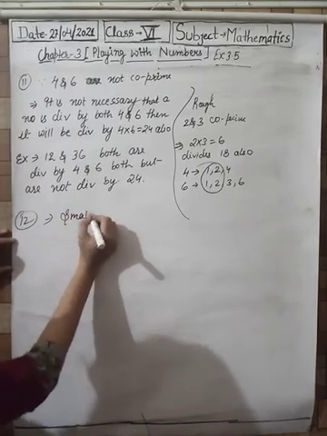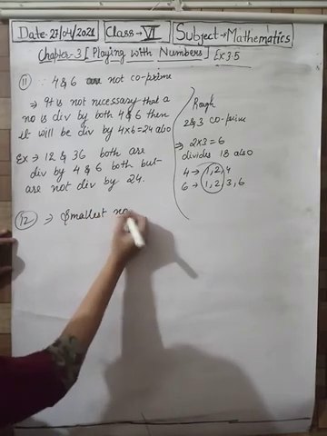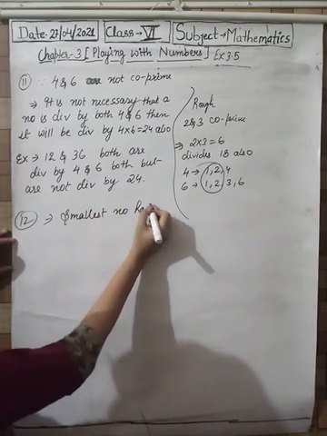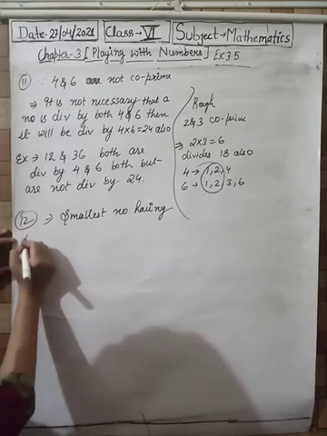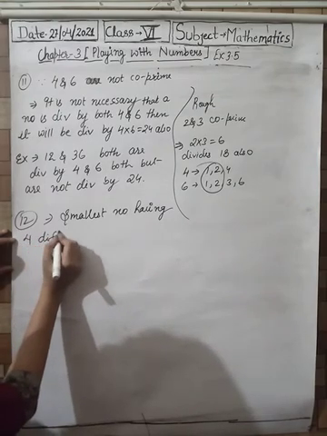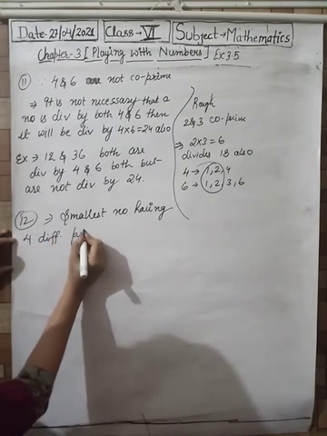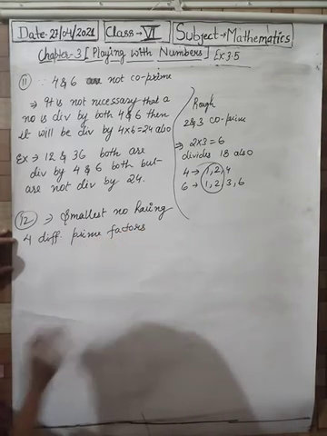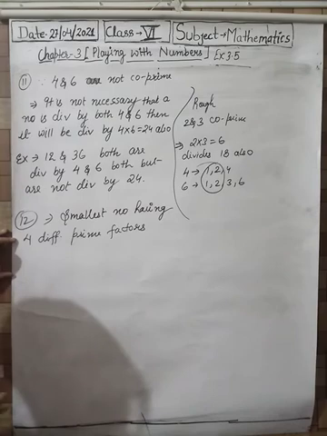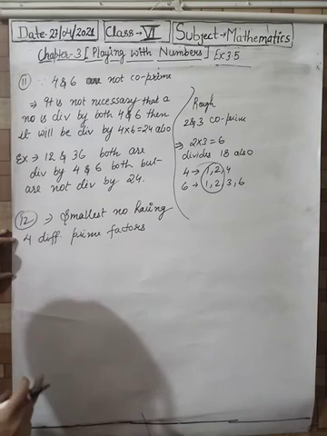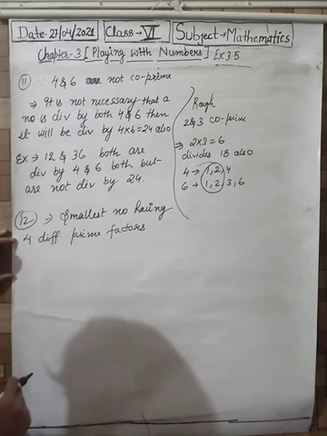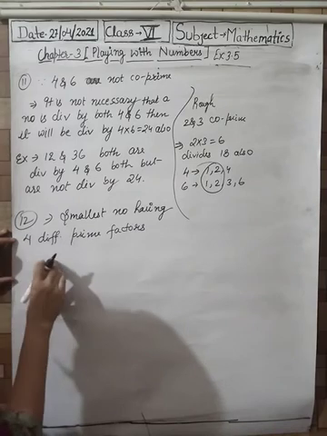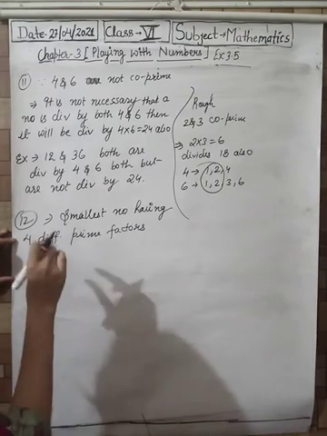The smallest number having 4 different prime factors will have the 4 smallest prime numbers also. Okay. 4 different smallest prime numbers.